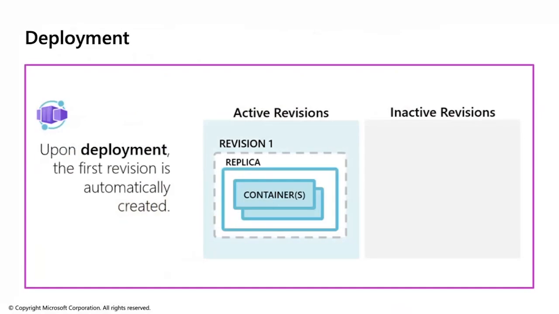When you start with deployment, generally when we talk about container deployment, we use YAML manifests, YAML code to deploy different kinds of applications. So when you go for deployment, a first version will be automatically created.